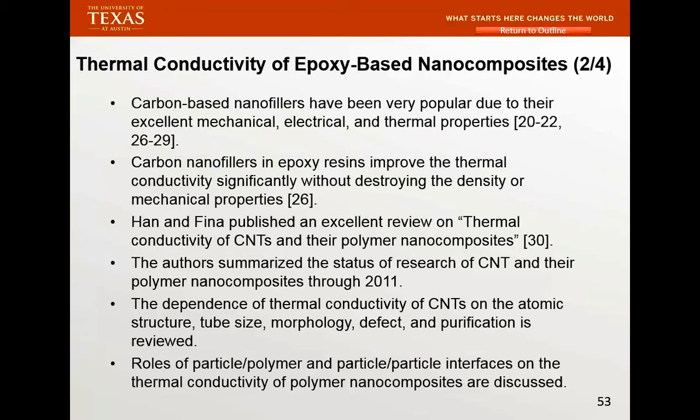So I picked this as an example, and carbon-based nanomaterials can be single wall, multi-wall, nanographene, those are carbon based. So you'll be able to do that, and this group of people from the University of Torino did an excellent job talking about thermal conductivity using CNT with polymer nanocomposites.